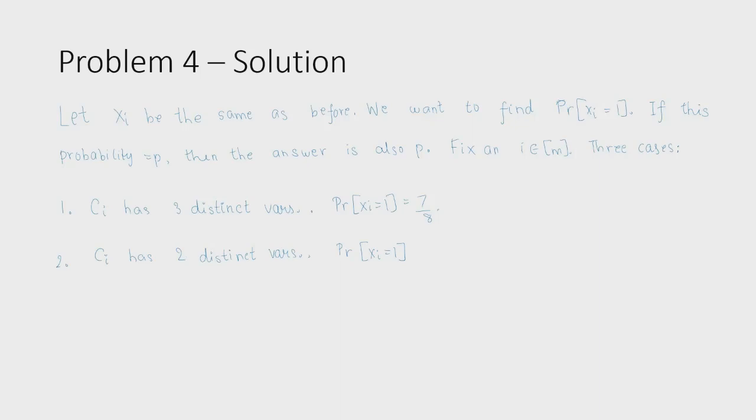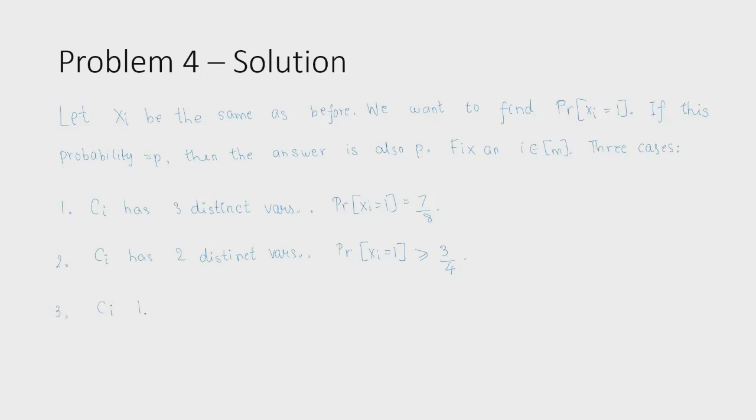In this case, the clause is always satisfied. So at least 3 over 4. But you are right, we can make it exactly 3 over 4 by doing a pre-processing step. Just go over the formula and remove all such clauses which have three literals but just two variables. We can easily do this pre-processing in polynomial time. So if you want this greater-than-or-equal to be an equality, we are also fine.